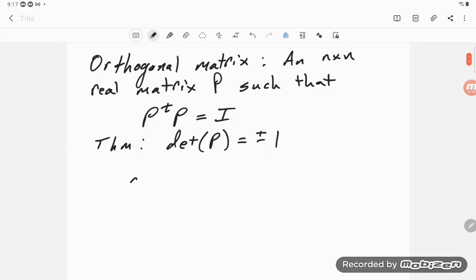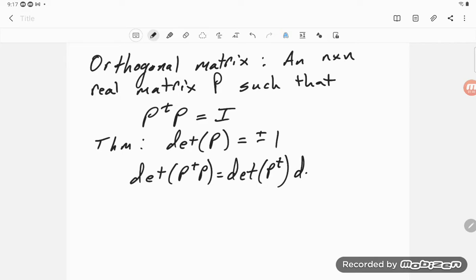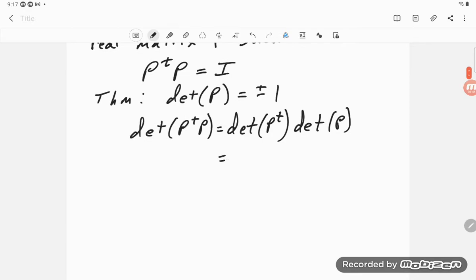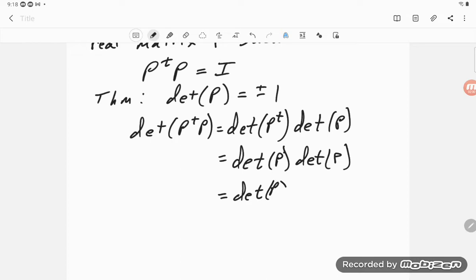It's pretty simple because the determinant of P transpose P is equal to the determinant of P transpose times the determinant of P, and the determinant of P transpose is just the determinant of P. So this is the determinant of P, quantity squared.